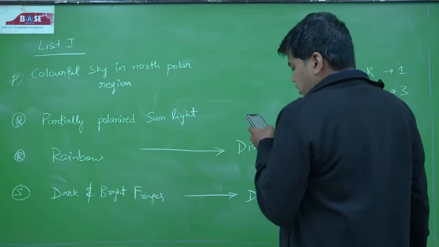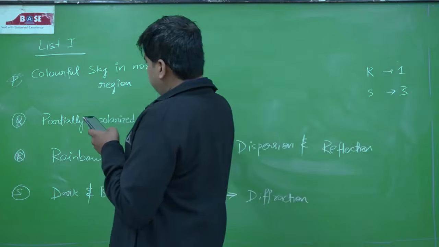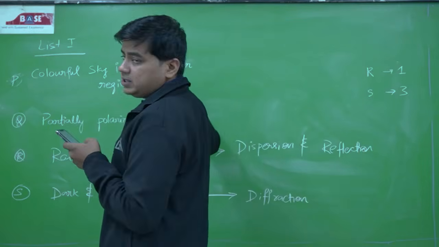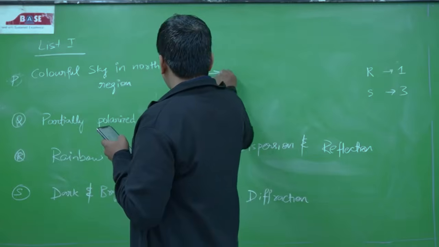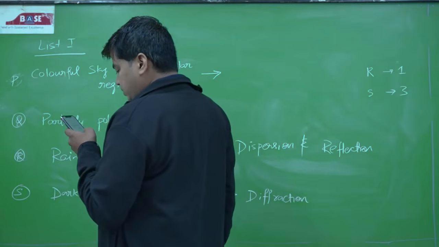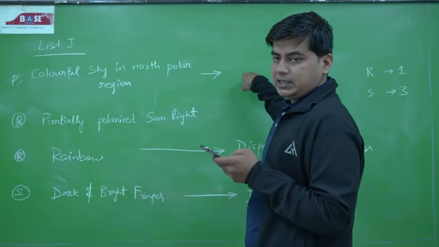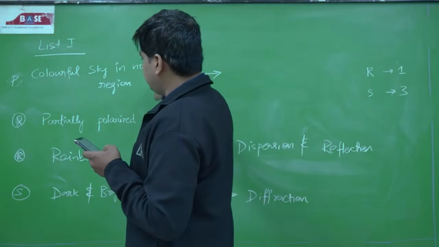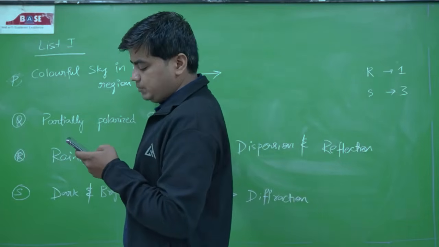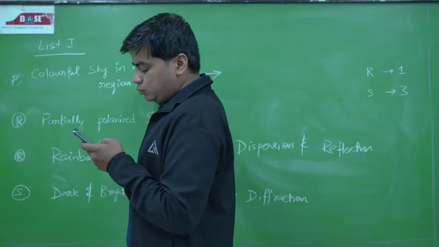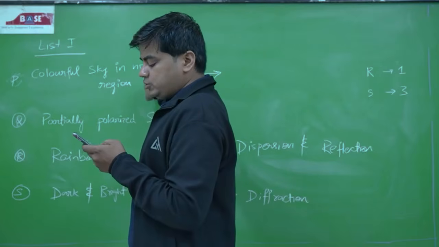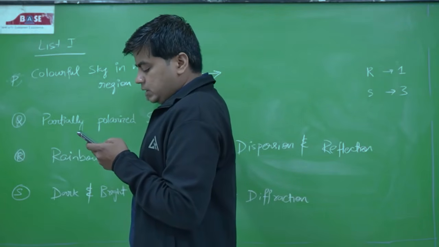Okay. Now going to the first one, colorful sky in the North Polar region. Again, it's a theoretical question. The reason for this is emission of radiation from oxygen and nitrogen atoms, right? Around polar regions where the pollutant concentration is minimum, you will find nitrogen and oxygen in more abundance over there.